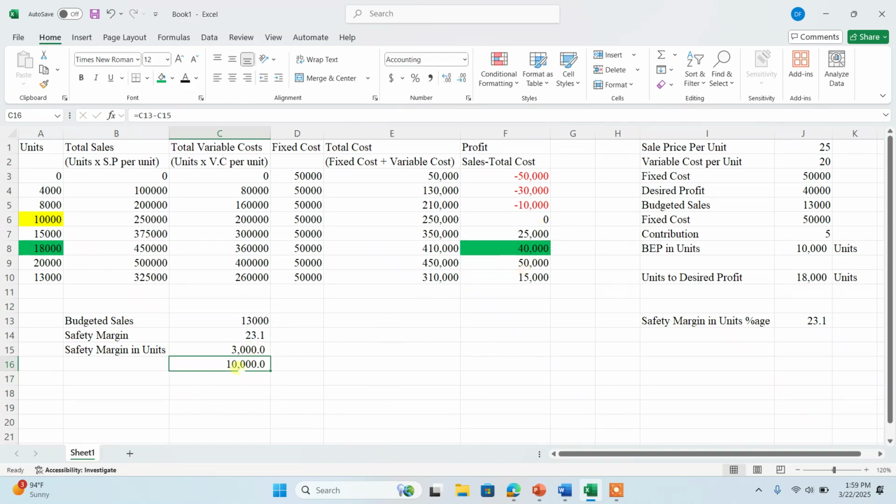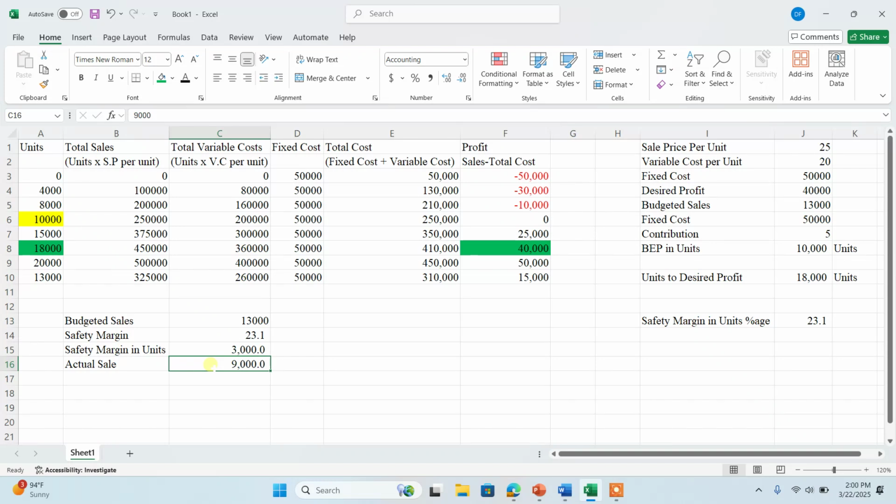Suppose I sold less than the 23.1% of the budgeted sales, let's suppose the actual sale is only 9,000.